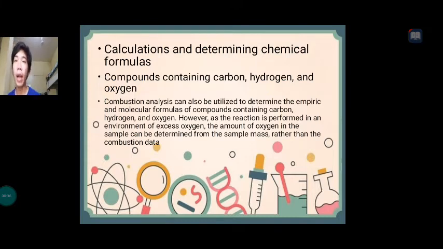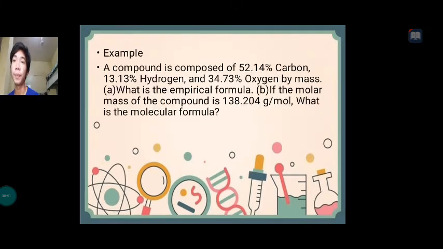However, as the reaction is performed in an environment of excess oxygen, the amount of oxygen in the sample can be determined from the sample mass rather than the combustion data.